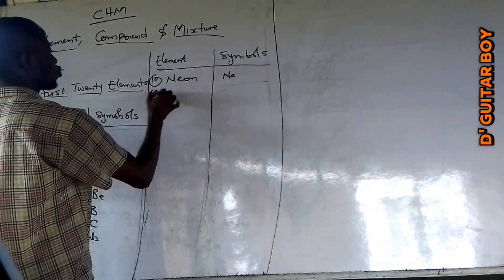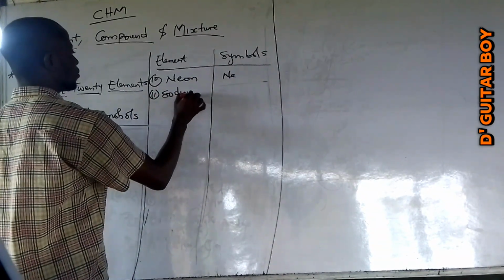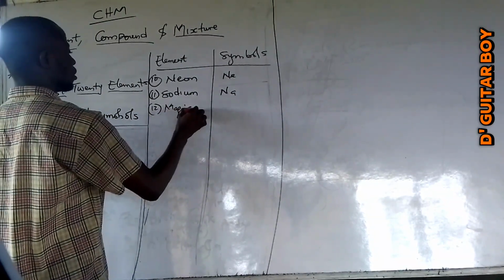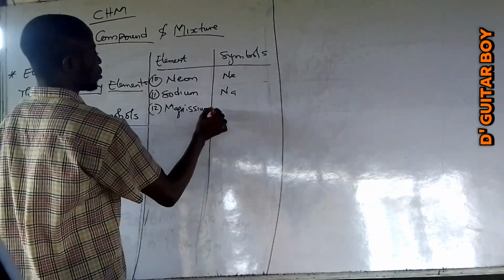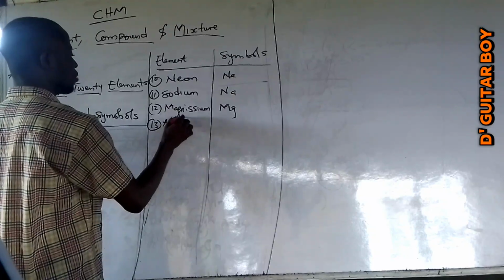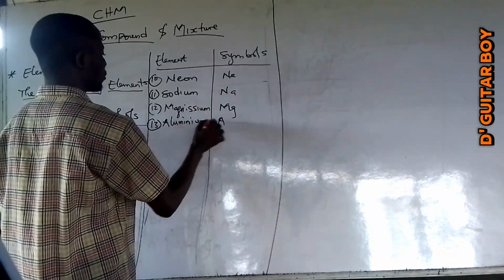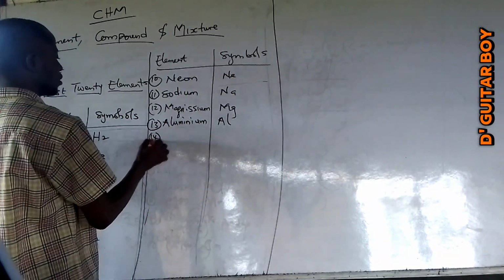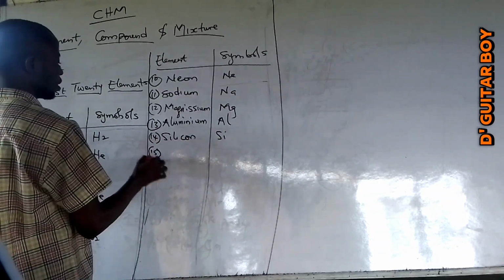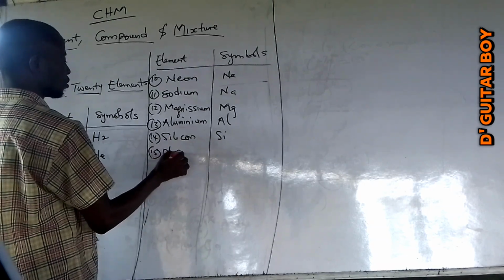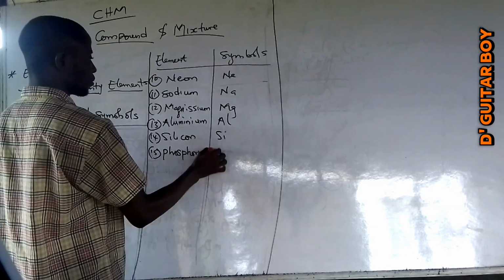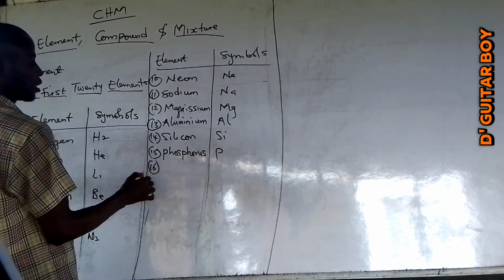Number 11, sodium. Number 12, magnesium. Number 13, aluminium. Number 14, silicon. Number 15, phosphorus. Number 16, sulfur.